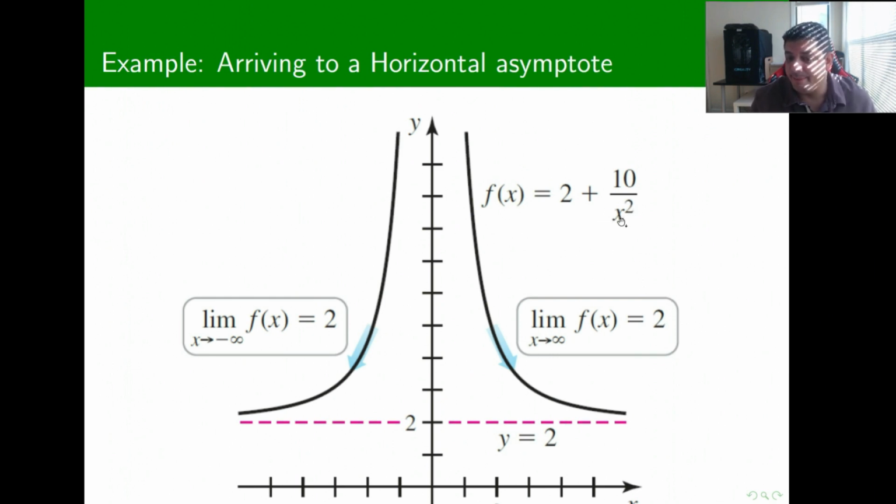If I take 1,000,000 here, then 1,000,000 squared is going to be a super large number, and 10 divided by that is going to be something really, really close to 0. So it doesn't matter if I'm approaching a large number in the positive numbers or a large number in the negative numbers. This quantity is going to be, every time that I go further, much closer to 0.